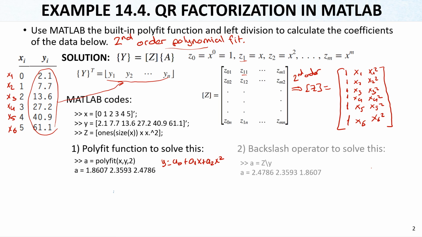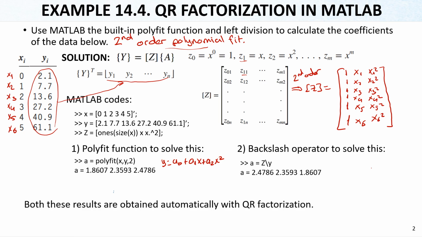Now we can do the same using the backslash operator, but we will use this formulation now. You can see here, this formulation is solved by using backslash by isolating a's. So z's are these z's obtained here, and the A matrix has A0, A1, A2, let's say.